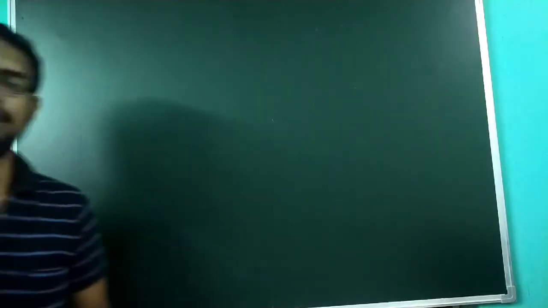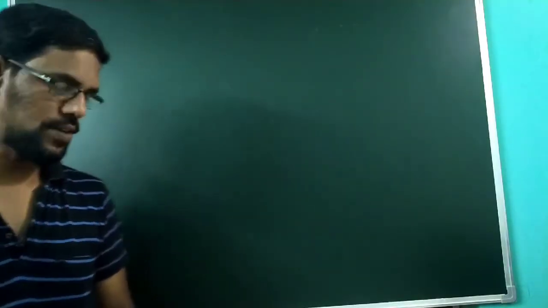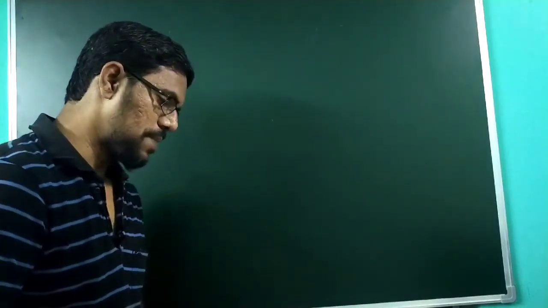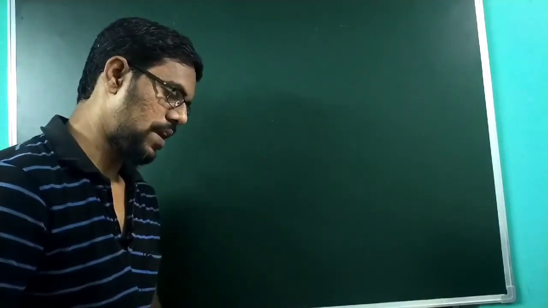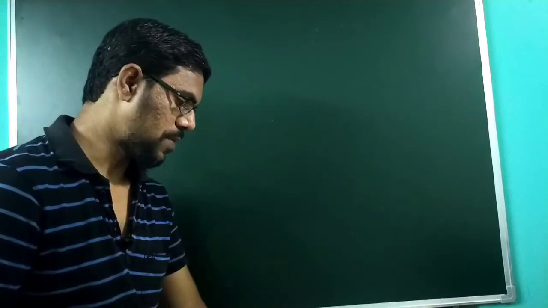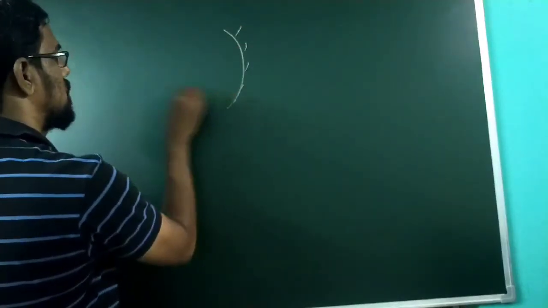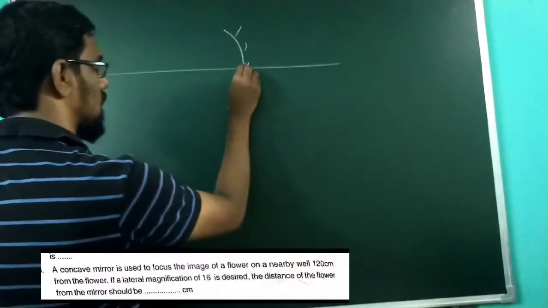Hello students, let us move to another question. A concave mirror is used to focus the image of a flower on a screen 120 centimeter from the flower. Now this is the concave mirror, this is the principal axis, and this is the pole.